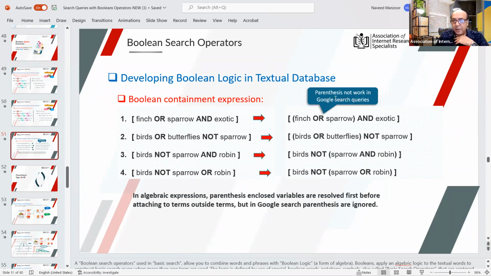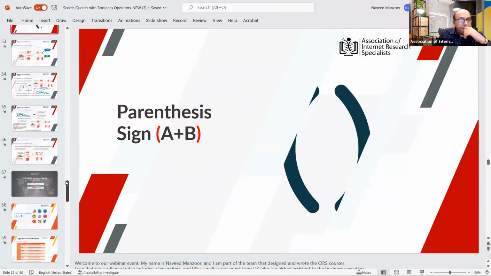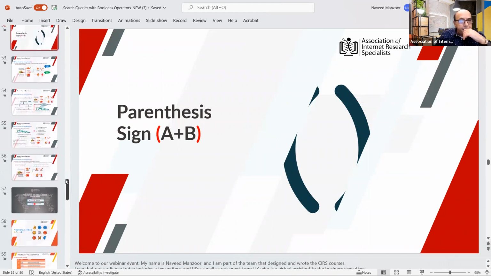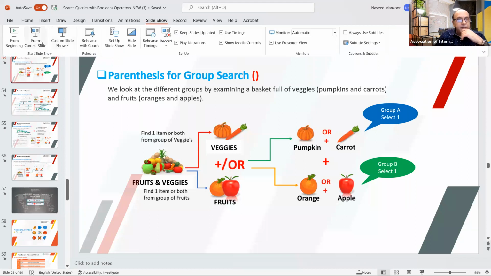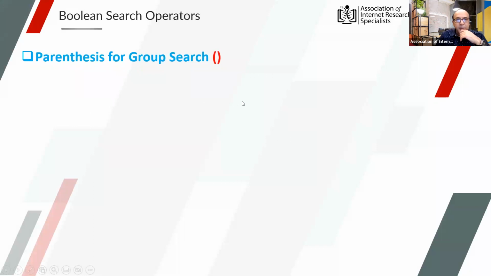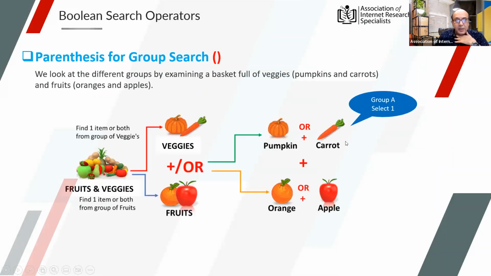Okay, here it is: parentheses do not work in Google search. All right. We know that, we've learned it. Remember the example I asked you to look up in the book, about where parentheses are not effective.